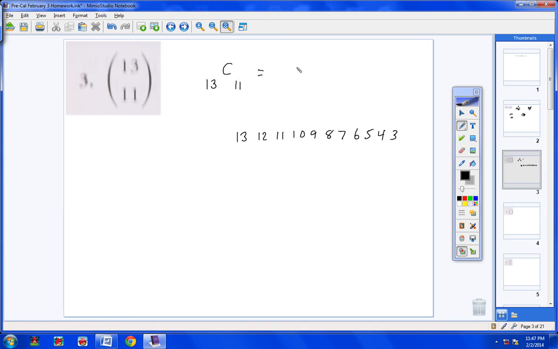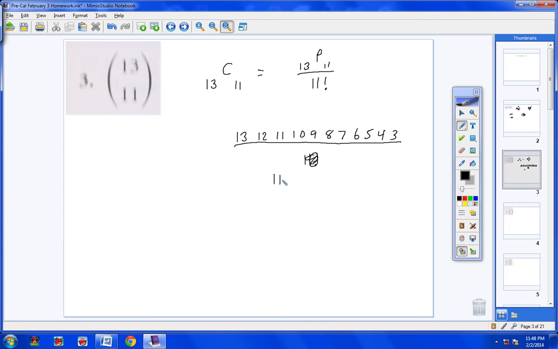Remember, the formula is permutations over, and then whatever this number is right here, 11 factorial. So all of this would then be over 11 factorial. Now think about it. 11 factorial just means 11 all the way down to 1.